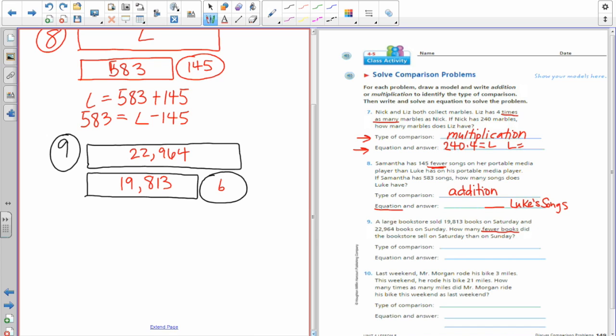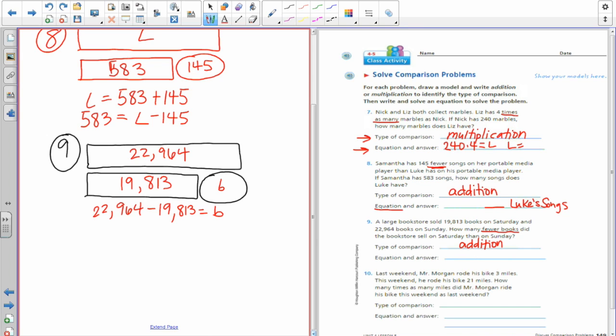So what kind of comparison are we looking at? An addition one. And what would the equation look like? Well, you're going to be subtracting 22,964 take away 19,813 equals how many fewer books?